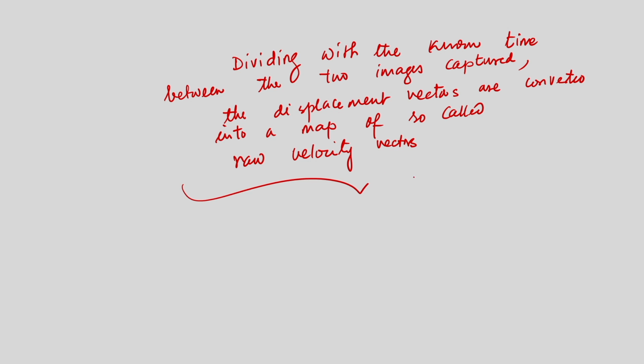Right. So, what we have discussed today is that by knowing the displacement vector, and if we divide that displacement by the known time, the displacement vectors are converted into a map of so-called raw velocity vectors.